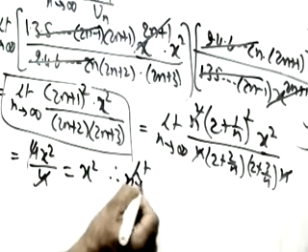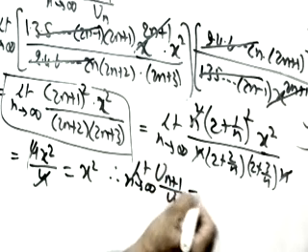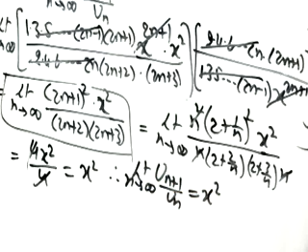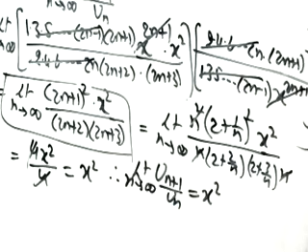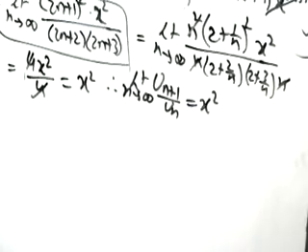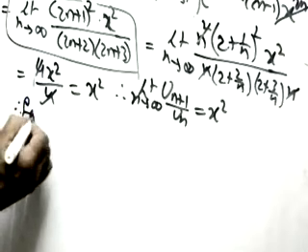Therefore, according to D'Alembert's test, limit n tends to infinity of un plus 1 by un equals x square. Since we are not getting any constant by which we can say less than 1 or greater than 1, this is a variable. So we have to write all the three conditions. What are the conditions for D'Alembert's test?